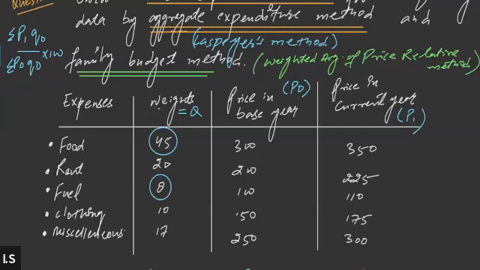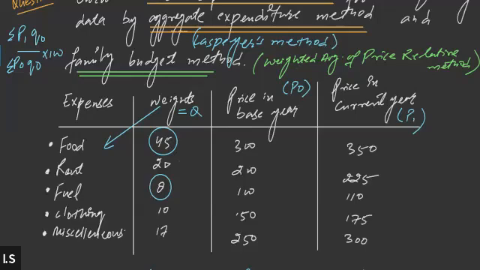So weight indicates the importance of an item in the basket of a consumer, but quantity indicates the units that a consumer consumes of a commodity. They are two different things, but if in any question quantity is missing, only in that case you will treat weight as quantity. Is that clear to you?